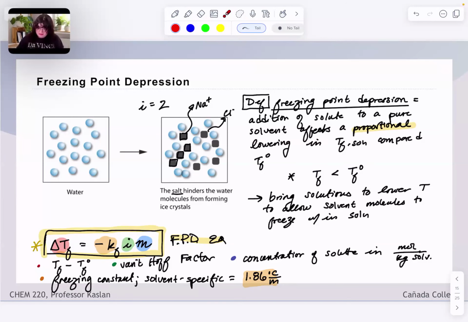So what we see is that the change in our temperature is equal to a constant times our molality, or y is equal to m times x, which is a linear proportion or a direct proportion, right? So this is our freezing point depression equation.